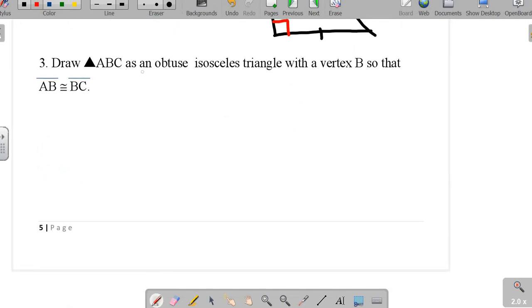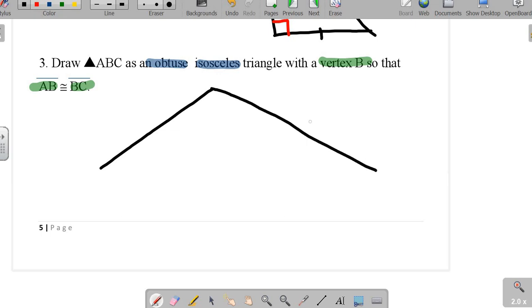We're going to draw a triangle ABC that is an obtuse isosceles triangle with vertex B, so that AB is congruent to BC. So let's start by drawing the obtuse, which is a single angle bigger than 90.